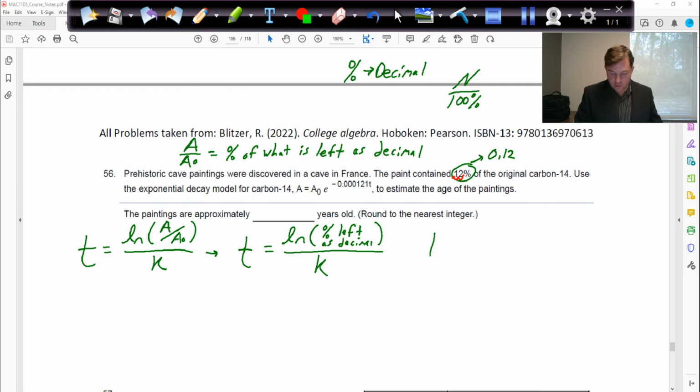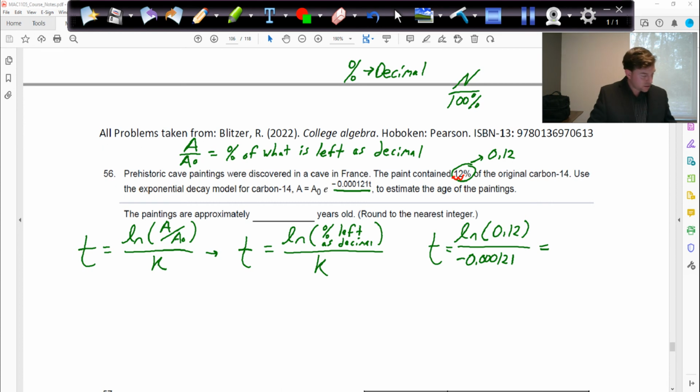So the time it's going to take to go from 100% to 12% is the natural log of 0.12 divided by k. K in this problem is this number, negative 0.000121.